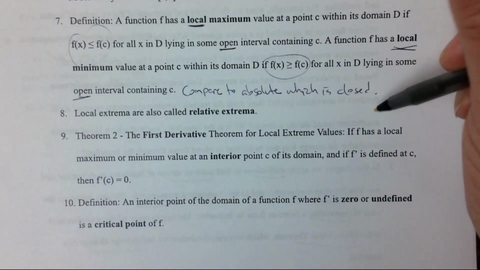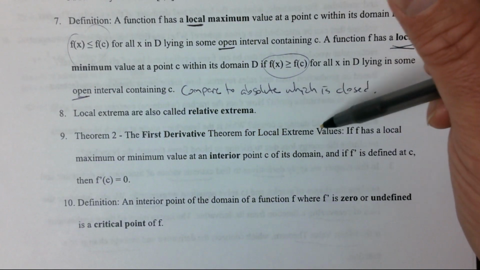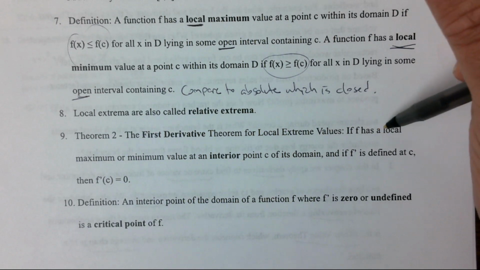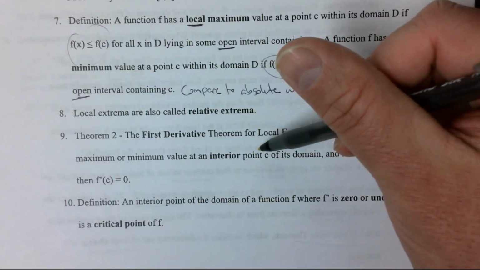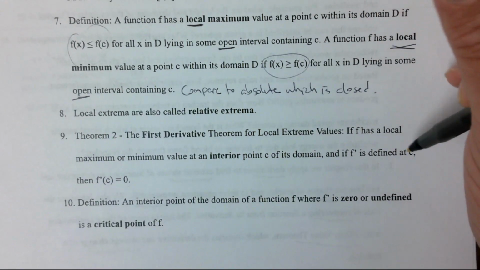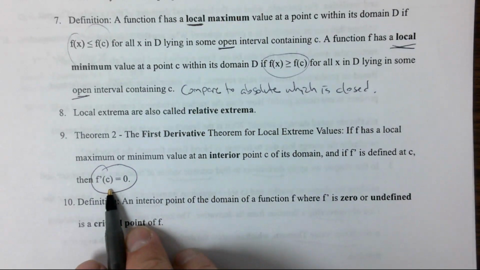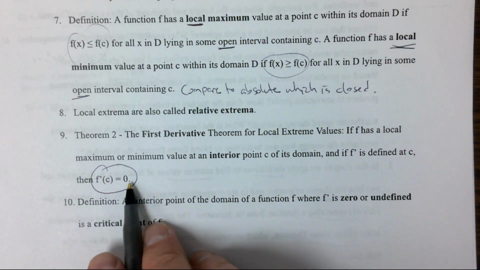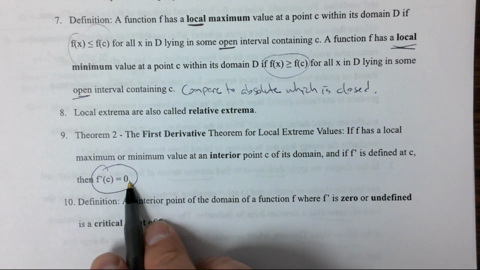And then you have a theorem that's the first derivative theorem for local extreme values. If f has a local max or min at some interior point c, and if f prime is defined at c, then f prime of c is 0. So when you do your derivative, it's equal to 0.